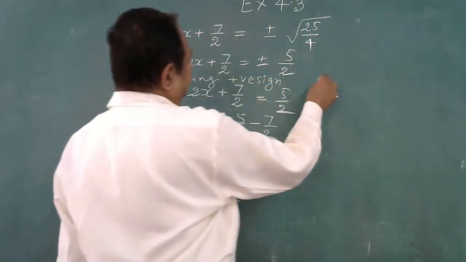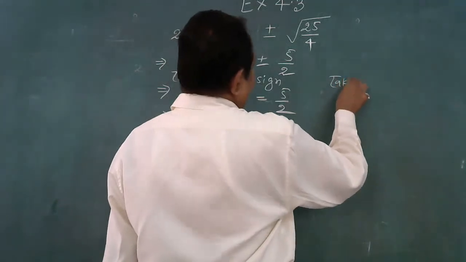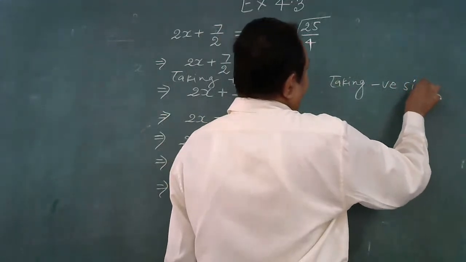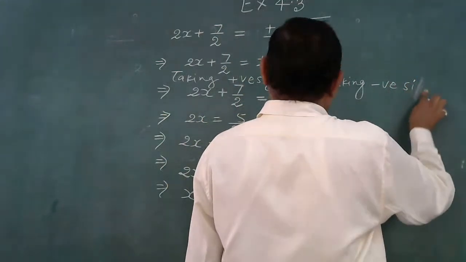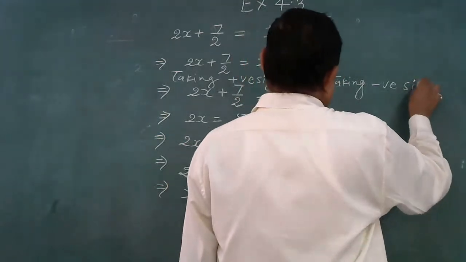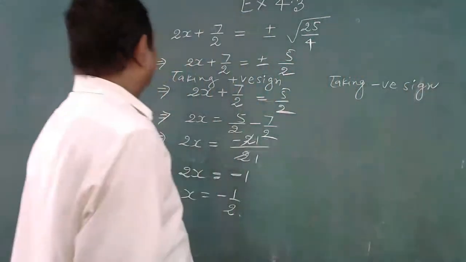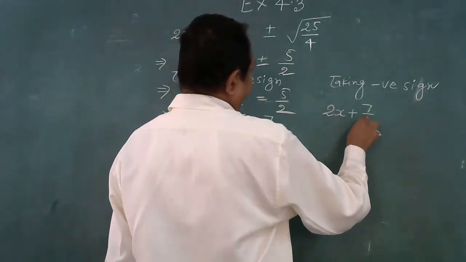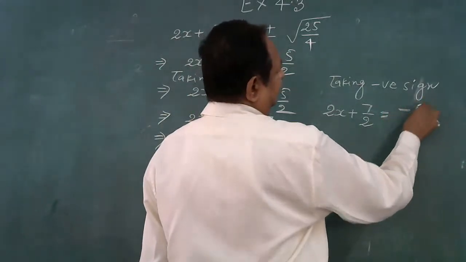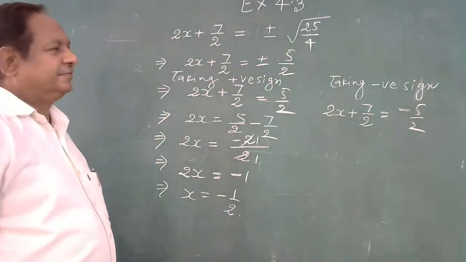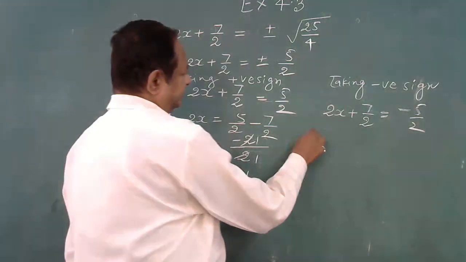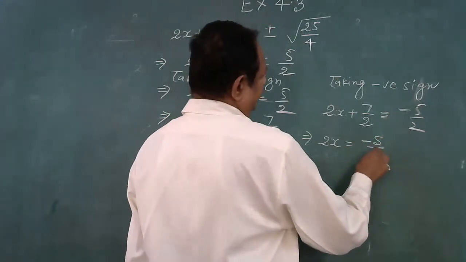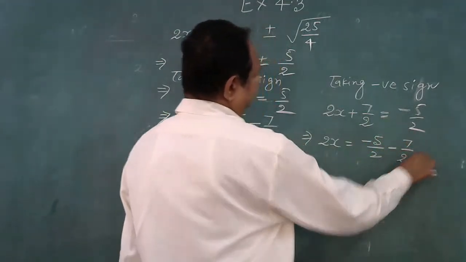Taking the negative side, the second value of x: 2x plus 7 by 2 is equal to minus 5 by 2. Or 2x is equal to minus 5 by 2 minus 7 by 2.